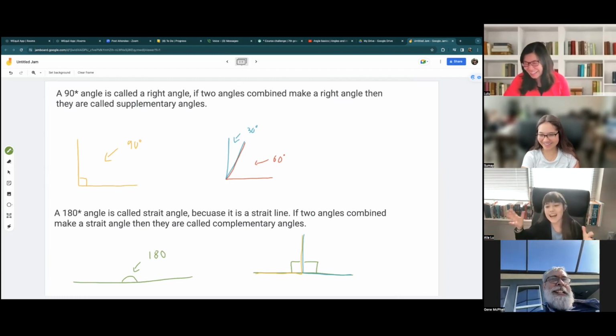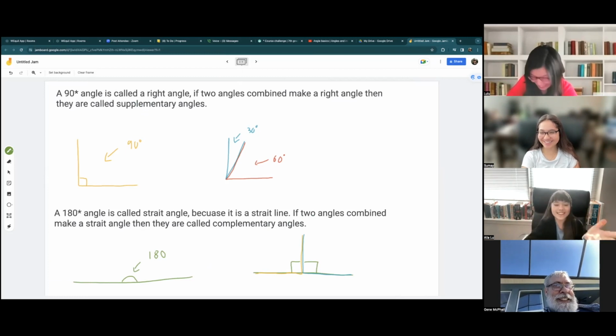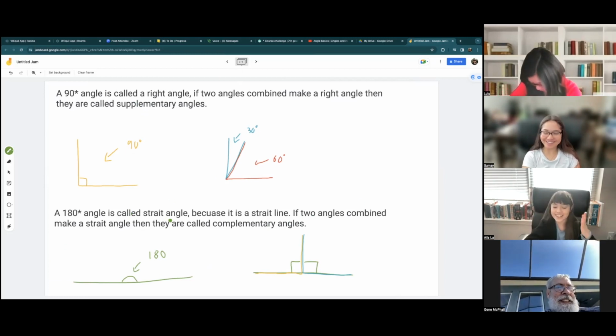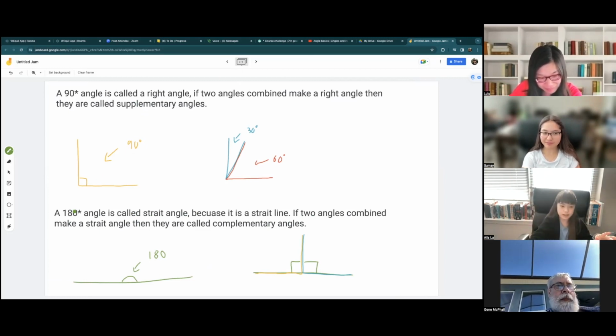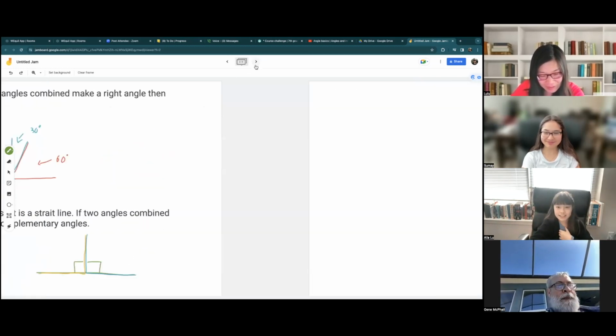So that's how you remember that two angles combined are complementary angles if they make 180. Nice memory. All right.